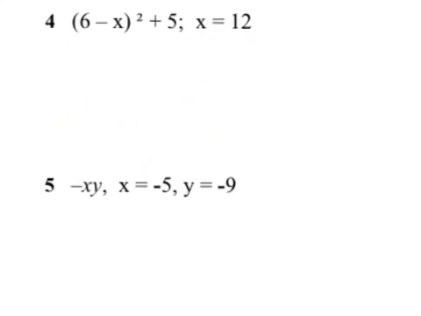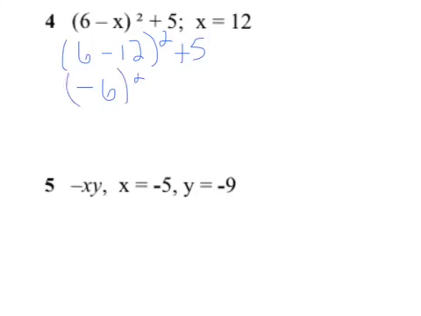Okay, example number 4, we only have one variable, so we will substitute 12 in for x. And we're going to rewrite the problem as 6 minus 12 squared plus 5. Okay, order of operations, 6 minus 12 gives me negative 6.